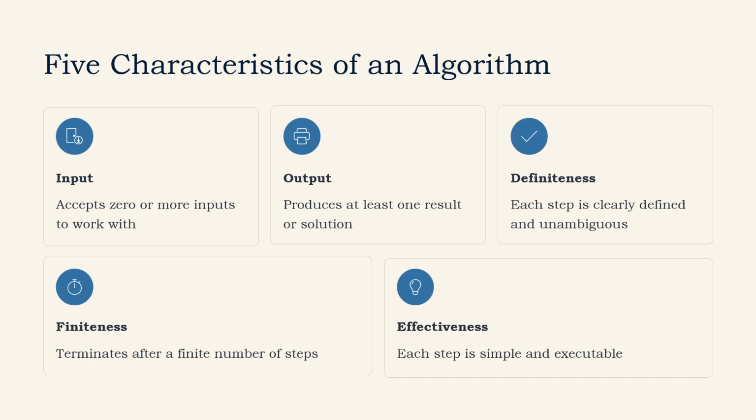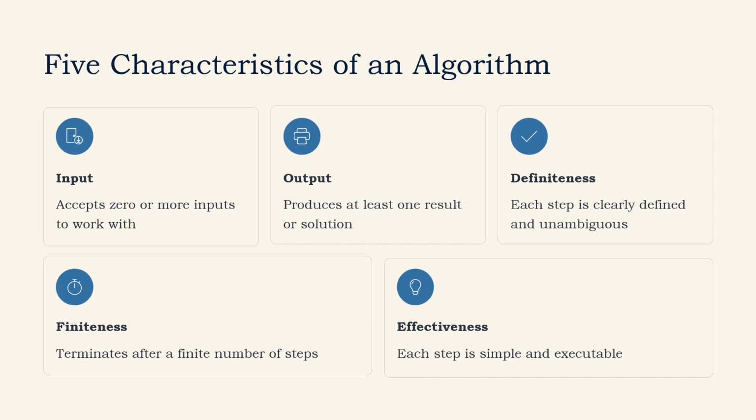First one is input. An algorithm may take 0 or more inputs. Inputs are the data values provided to the algorithm so that it can perform calculations or operations. For example, to calculate the sum of numbers, what are the inputs?